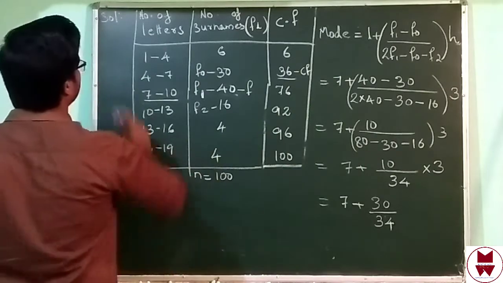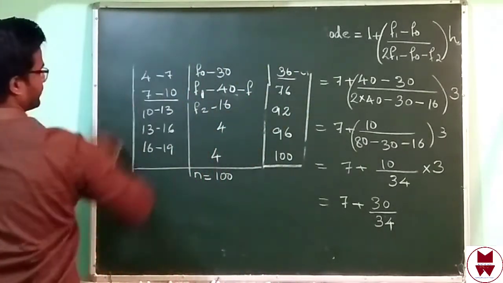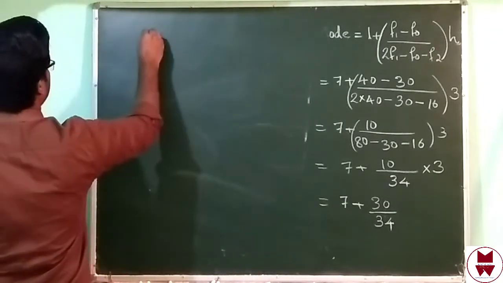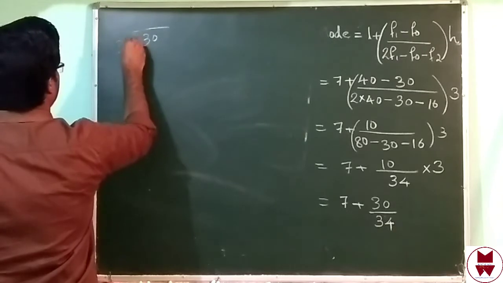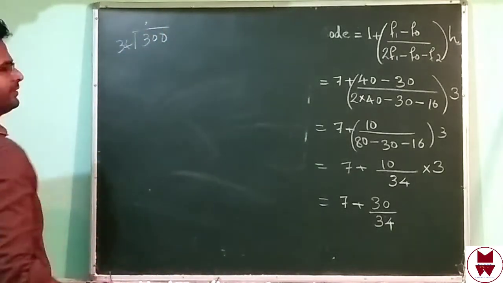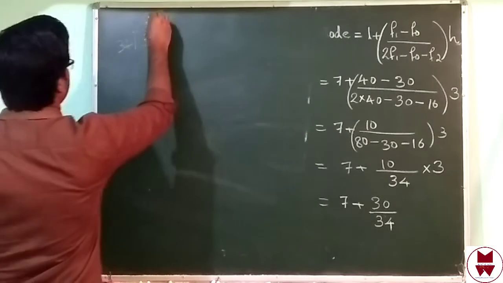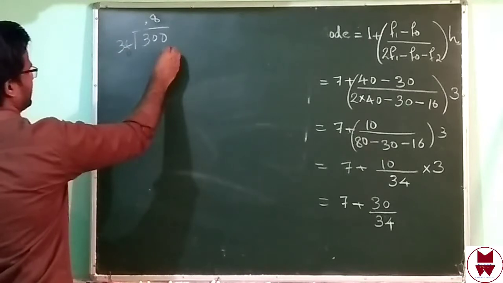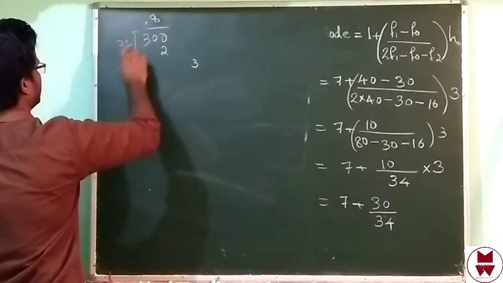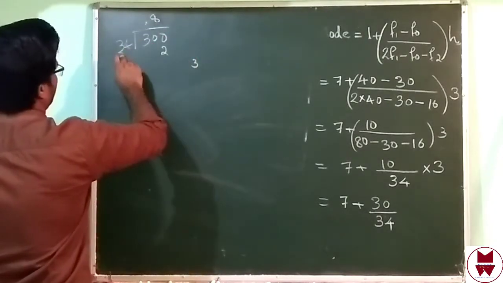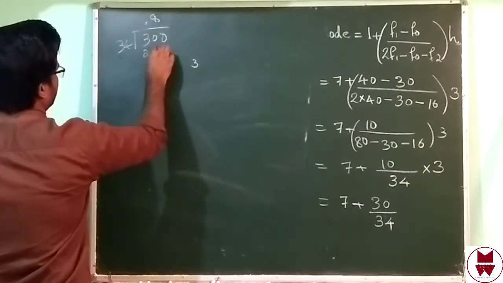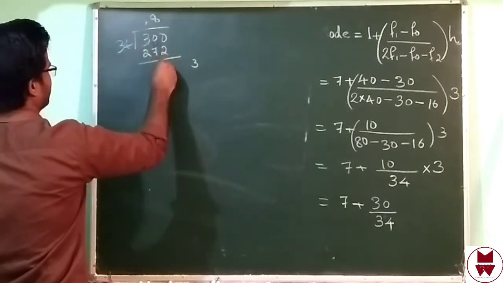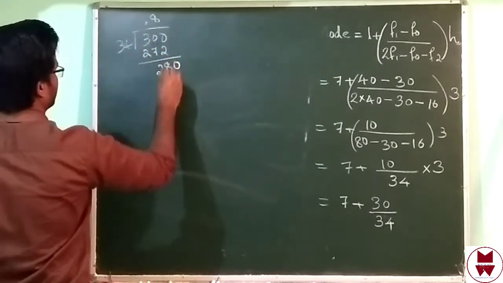Then you can divide. 30 divided by 34, just add 1 0, 1 point. In 300, how many times 34? That will be 8 times. 8 into 4, 32, remainder 3. 8 into 3, 24 plus 3, 27. Then 8, in here remaining 9. 9 minus 7, 2, 28. Add 1 0.